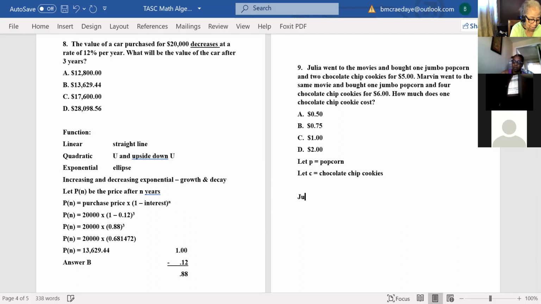How would you set up what Julia bought as an equation? Julia bought one jumbo popcorn and two cookies. Tell me how you would write that as an equation.